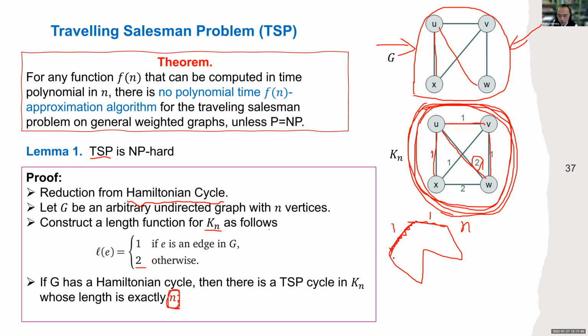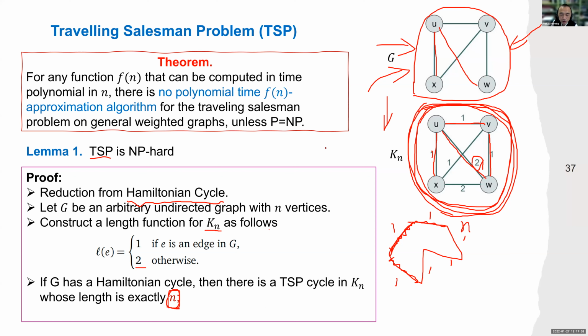So your Hamiltonian cycle exactly corresponds to a solution where every edge has a length 1. That means if you have a solution of Hamiltonian cycle, then definitely you have a solution of TSP with length n, which is the best possible.